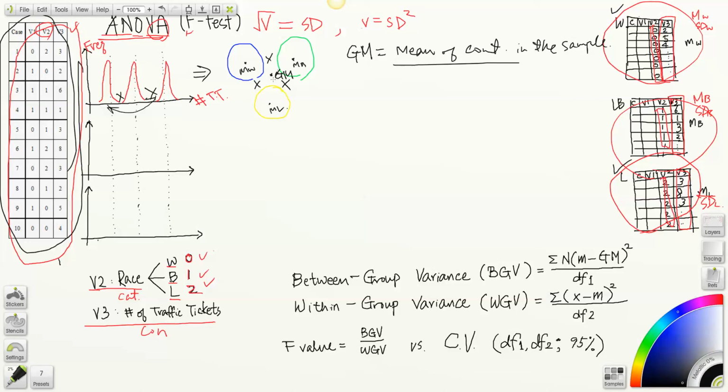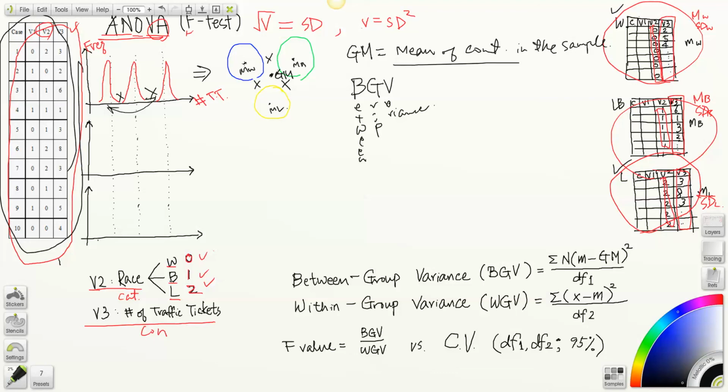So that's what we need for this new concept of between group variance. And between group variance is looking at the differences across groups, central tendencies.